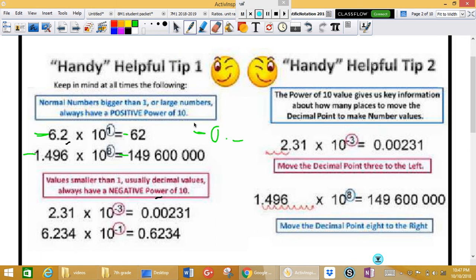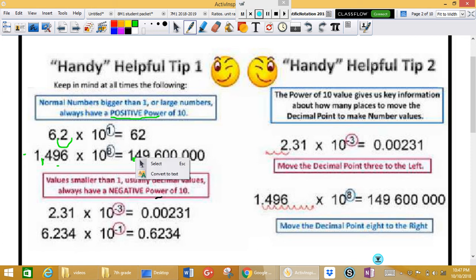So with that said, a positive exponent means you're moving the decimal to the right that many times. So this is 1.496 times 10 to the 8th, which means I move the decimal point from here 8 times.